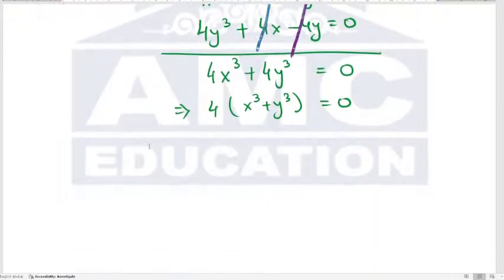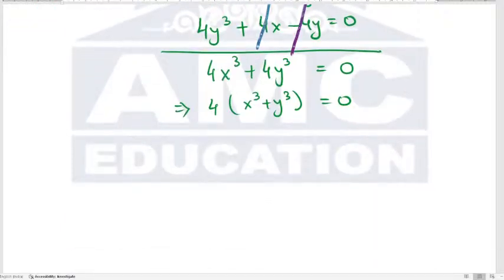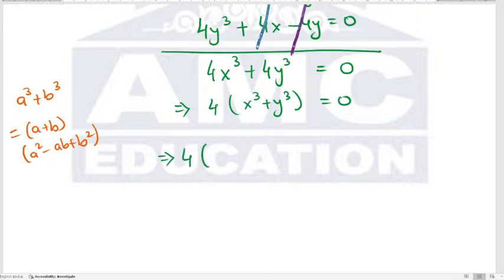And if you remember this identity from school, I'll try to write it down. It says that if a cubed plus b cubed is there, then we can write this as a product of a plus b multiplied by a squared minus ab plus b squared, right? So using this identity, we can write this as follows. 4 times x plus y times x squared minus xy plus y squared is equal to 0.